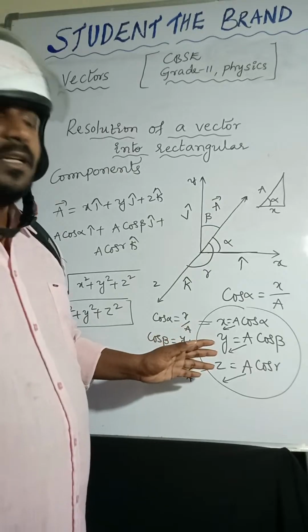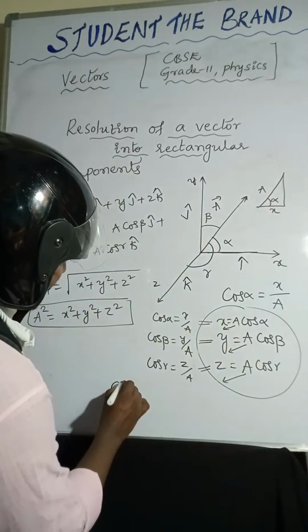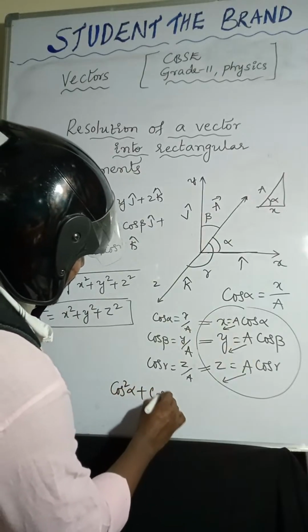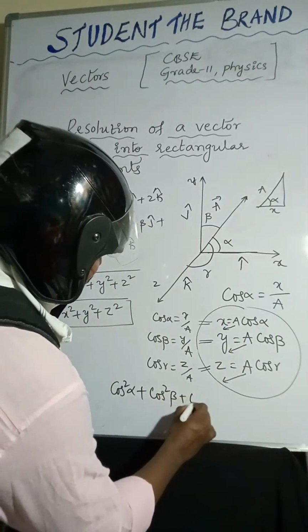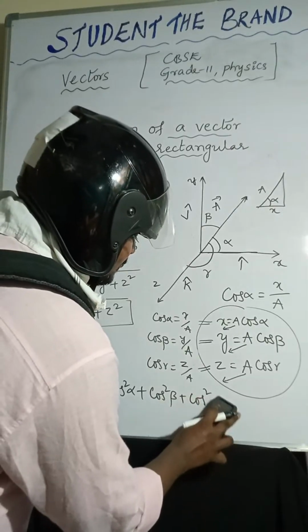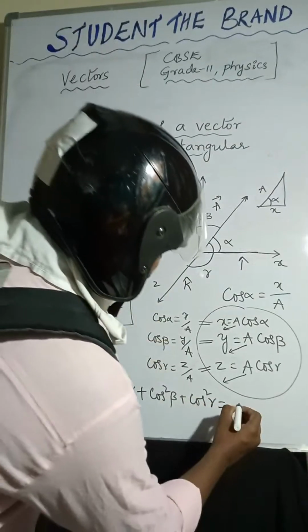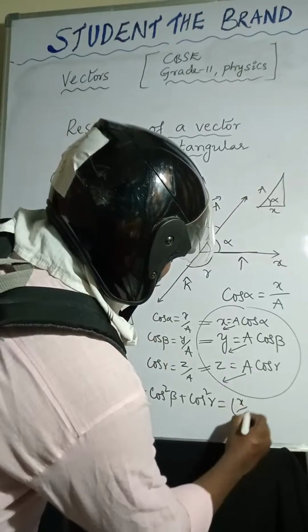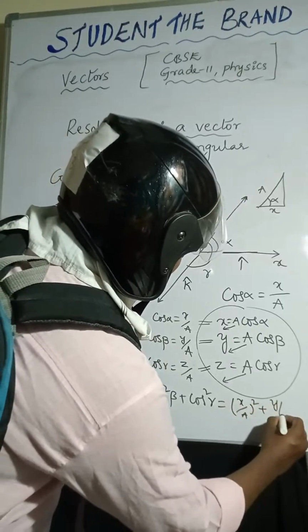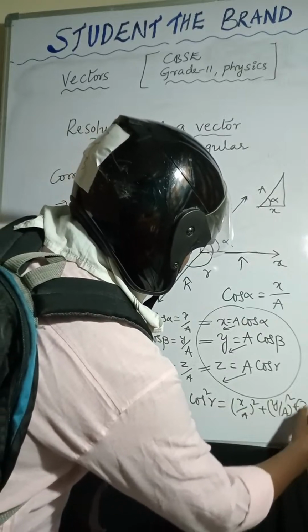Now if you take cos square alpha plus cos square beta plus cos square gamma, it equals x by a whole square plus y by a whole square plus z by a whole square.